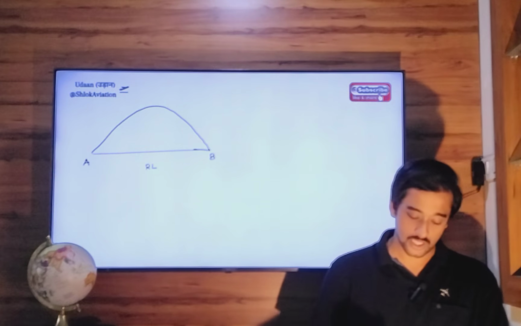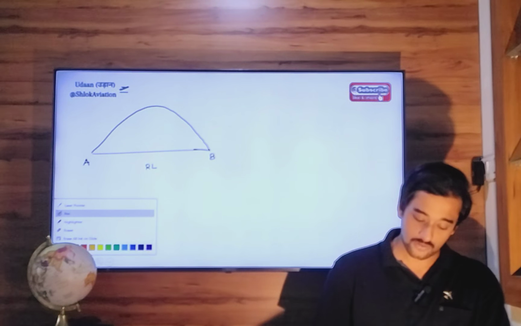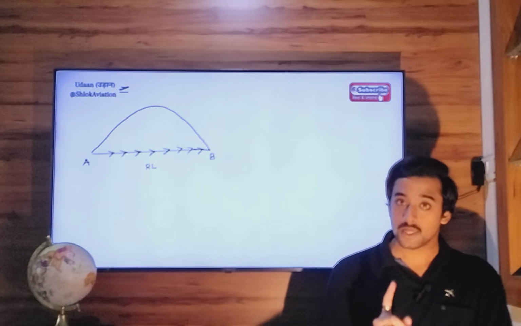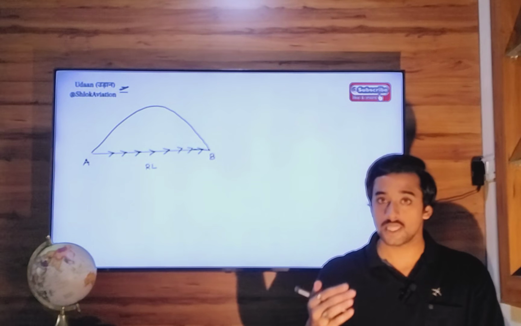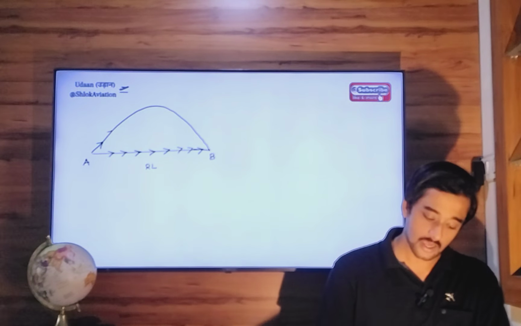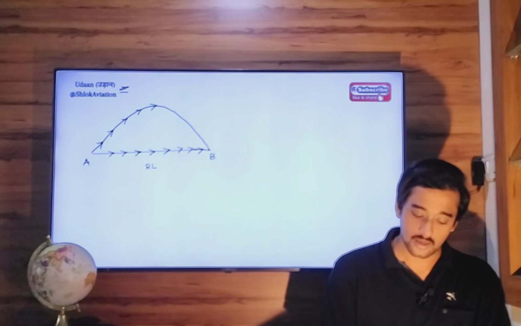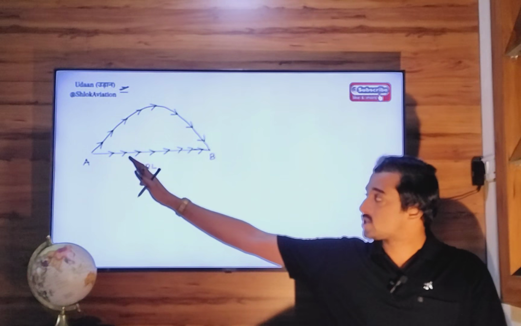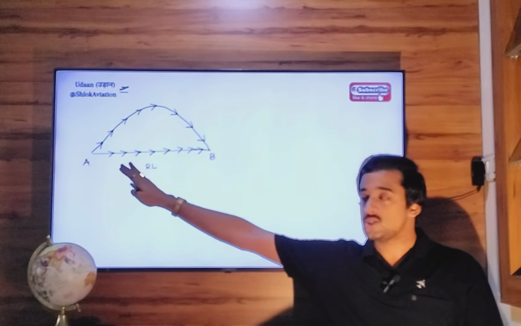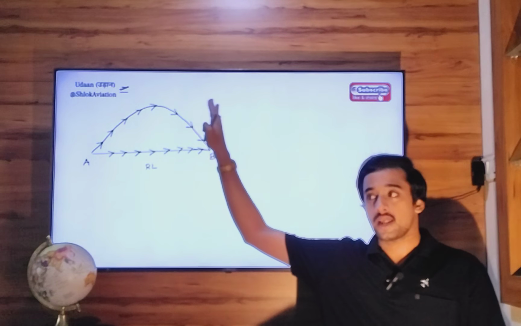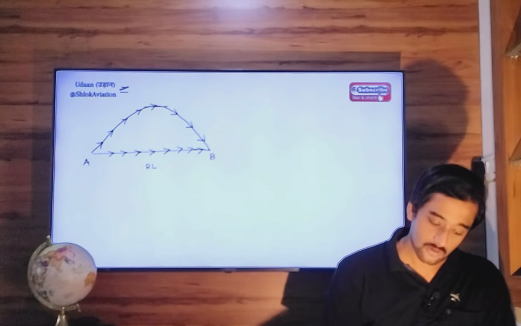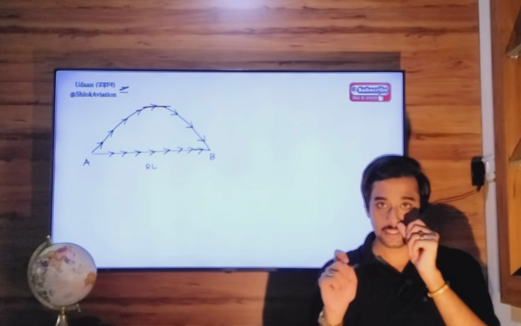Now the direction of this rhumb line track will remain constant as you go from point A to point B. But the direction of great circle track will continuously change as you progress from A and go towards B, right? Now the average of great circle track at A and great circle track at B will be somewhere here, right in the middle. That will be the average of the two great circle tracks.